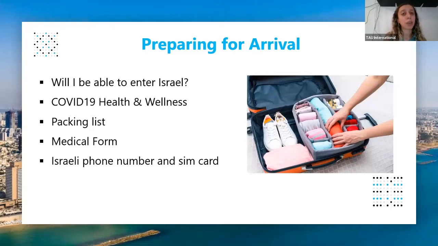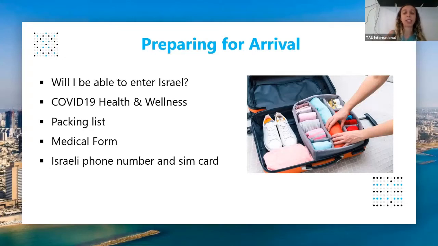No early check-ins at the moment. But as soon as we have the regulations regarding quarantine and your arrival, then we will be able to let you know when you'll be able to arrive, and if you'll need to arrive earlier, then we will let you know, and we will of course accommodate you in the dorms. So this is about the dorms.